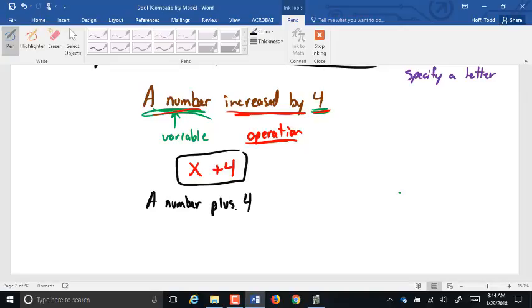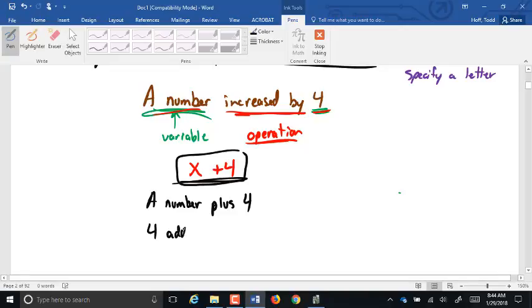We want that same symbol though, the generic number x plus 4. So a phrase that would imply that exact same symbol. Okay, 4 added to a number. Or a number added to 4. Now notice here it says the 4 comes first, but 4 added to still implies the plus 4. The 4 is being added at the end of the number.